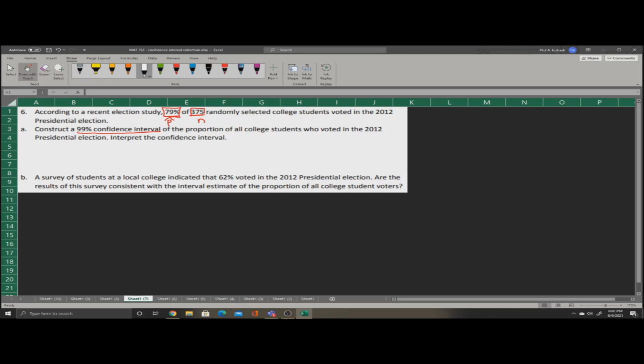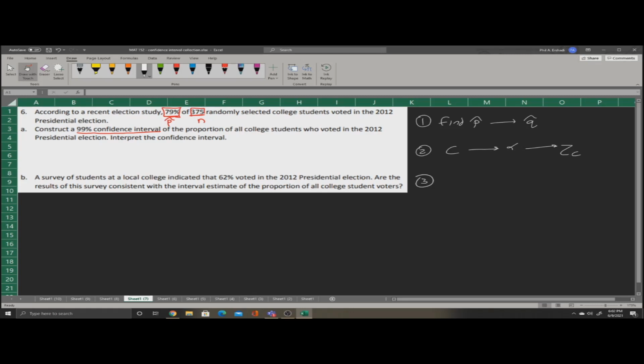Let's sketch out how this problem should go before we go any further. Step 1 is to find p hat, which was given to us, and then from that, we'll get q hat. Step 2 is to take our confidence, find the alpha, and based on that, find the z-critical.